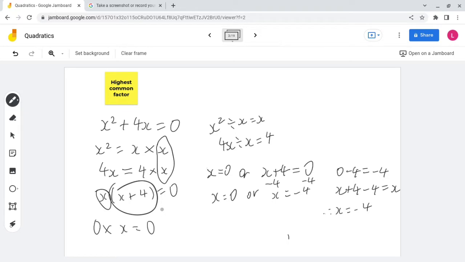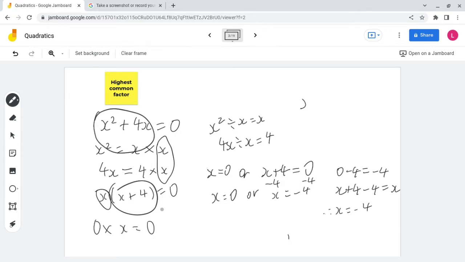Right, so that's the method of highest common factor, and this only works for equations where all of the terms have a common factor. In this case, the common factor is x.